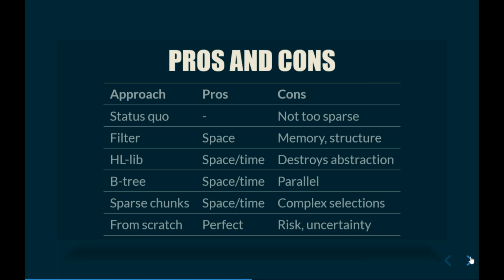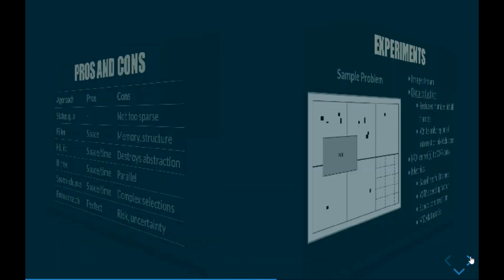But since we have a lot of experience there, that might be manageable. And last but not least, from scratch, of course, that's the perfect solution always, but the risks and the uncertainty in terms of cost and budget and delivery are just not really worth pursuing, we think. Next slide, please.